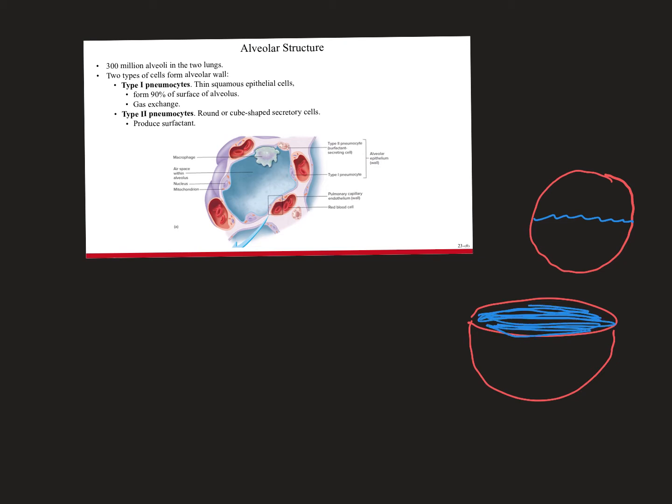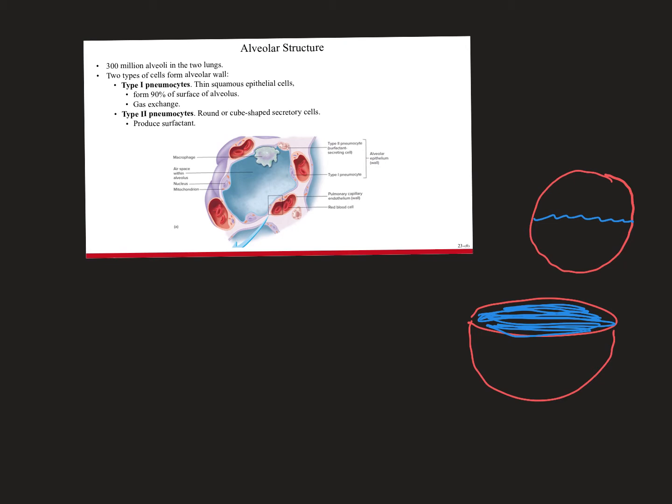Now, one of the properties of water is surface tension. Do we all remember what surface tension is? It's the attraction between, basically, the hydrogen bonds, pulling on each other and causing that tension.